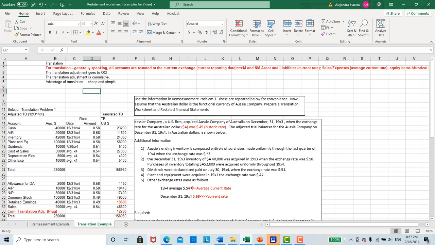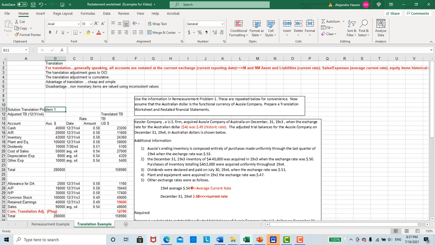Disadvantage. Non-monetary items are valued using inconsistent rates.